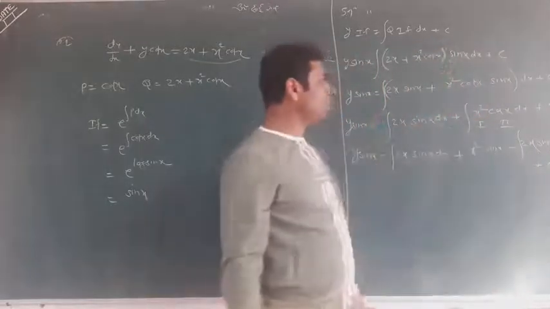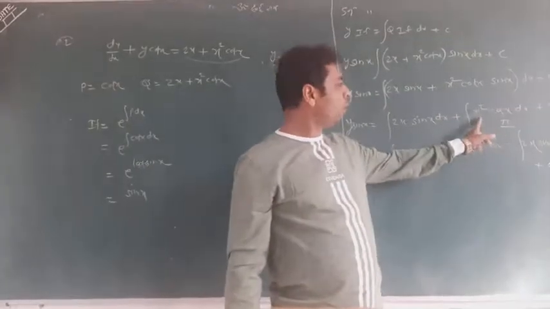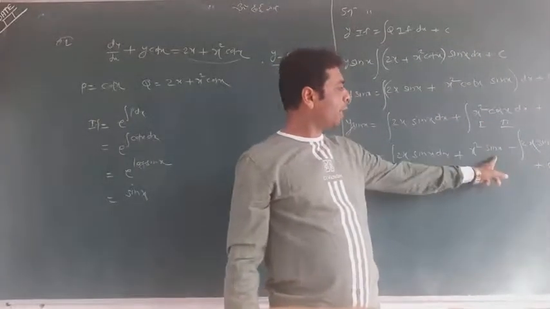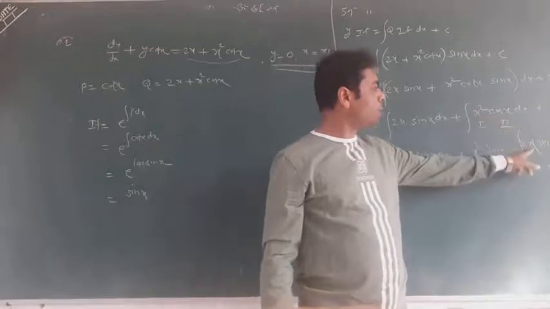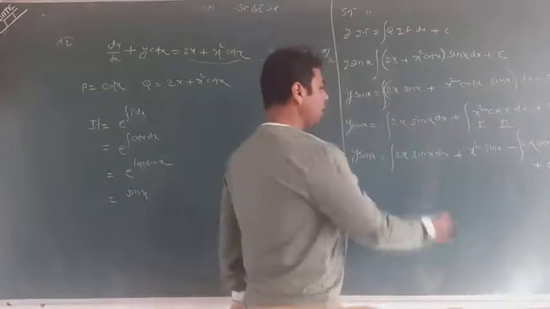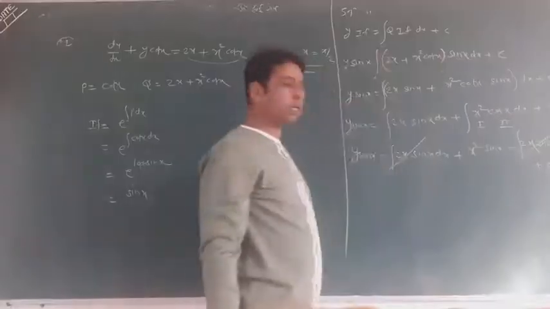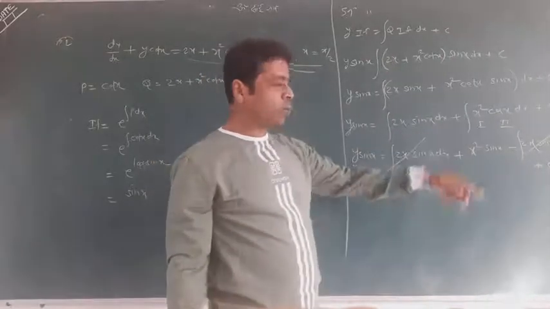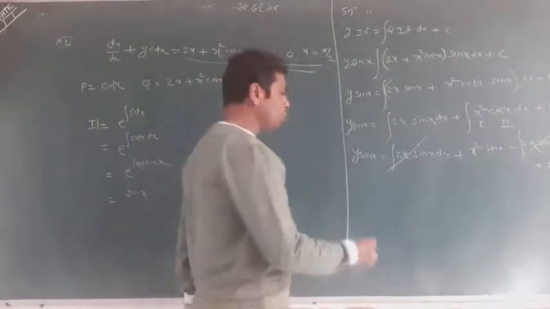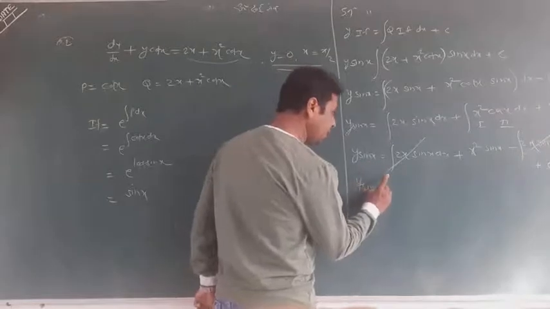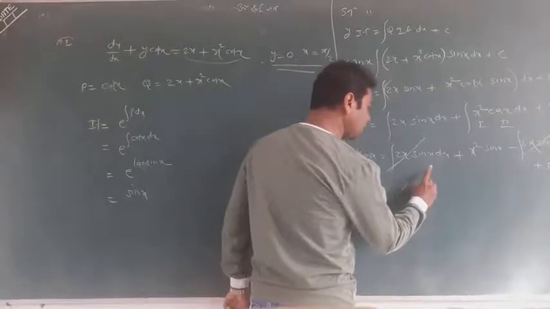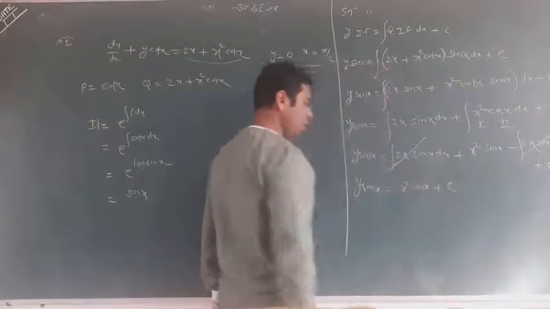This is only the multiplication law I use. Can you see these two terms cancel each other? It's 2x sin x, plus and minus cancel each other. So y into sin x is equal to x square sin x plus c is your answer.